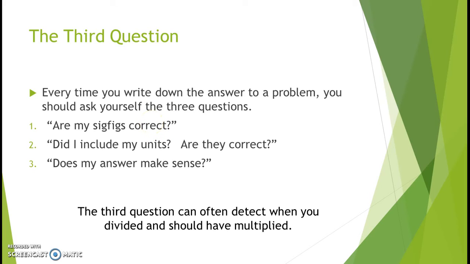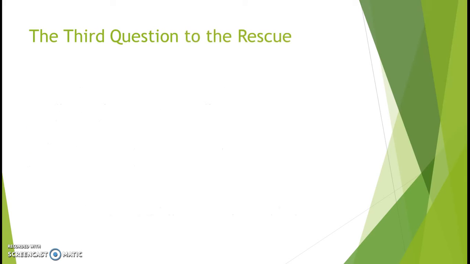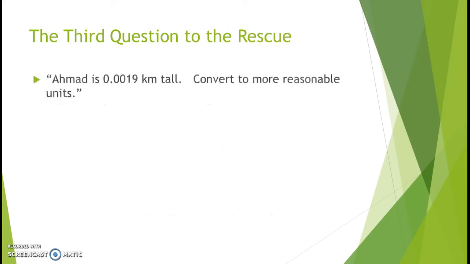The reason why is because the third question can often detect when we divided when we should have multiplied, or multiplied when we should have divided. So the same mistake, we can look at it from a different perspective. Ahmad is 0.0019 kilometers tall. Convert to more reasonable units.